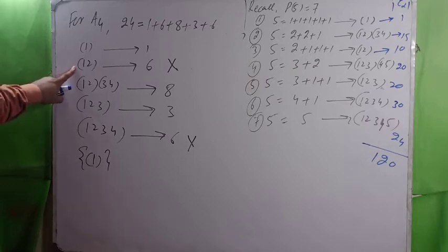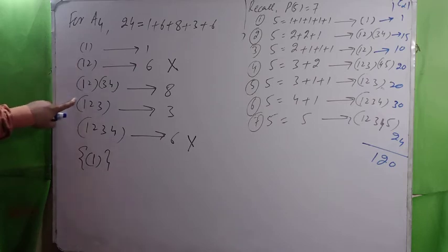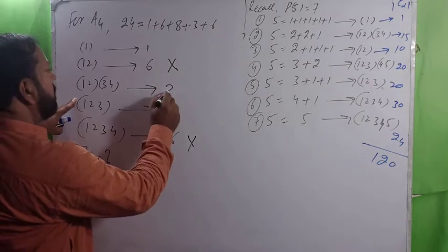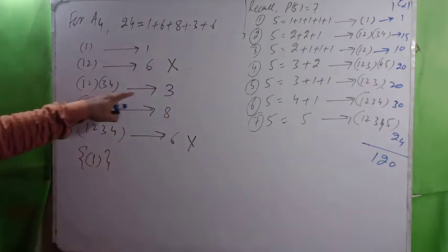There were 6 elements, and for the 3-cycles there were 8 elements. This was 8, this was 3. Oh, sorry. For (1 2)(3 4), there were 3 elements.